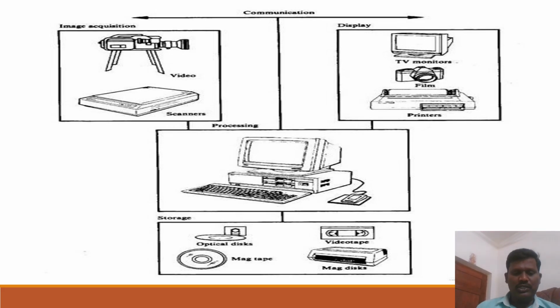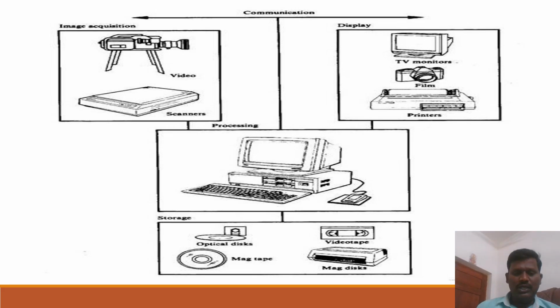As for storage, in earlier days there were different storage units, like optical discs, magnetic tapes, video tapes or magnetic discs. Later we also used pen drives or CD drives. Nowadays within every mobile phone there is a storage space which we call the memory. That memory is used to save the different images whichever we capture.